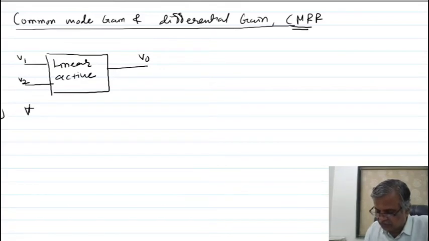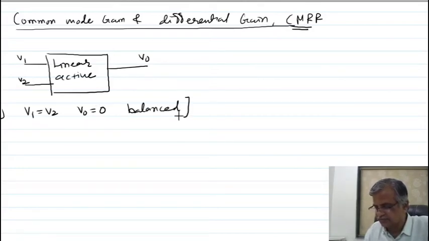First, when both the inputs are at the same level, then the output should be 0. This is called balance. Then it is called a balanced differential amplifier.